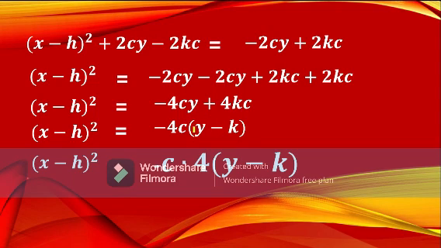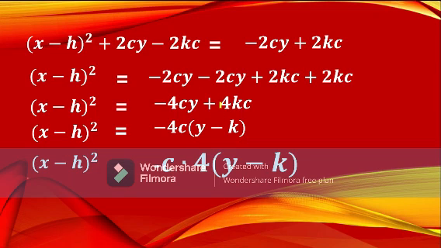Okay. So the negative 4c, you might be wondering why it becomes y minus k. Because remember, if you're going to multiply negative 4c times negative k, that is positive 4kc.